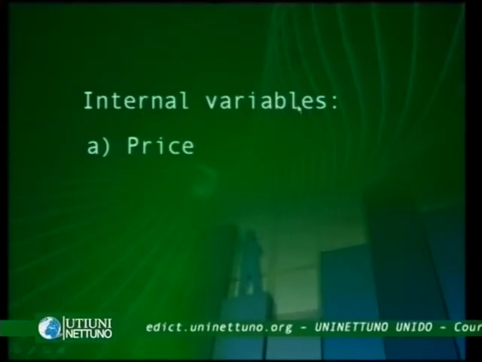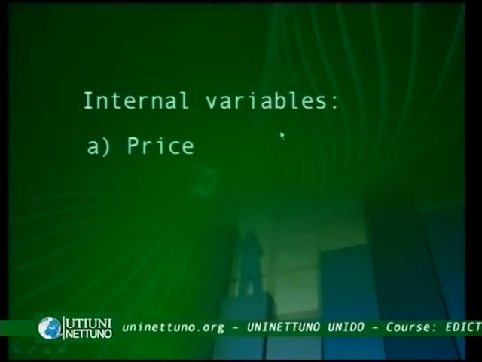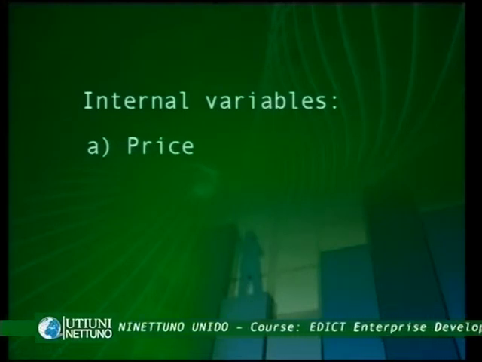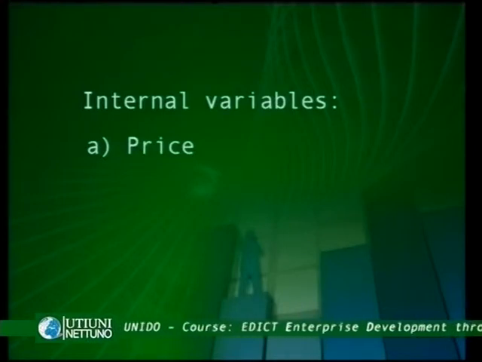So instead of actors and conditions, we might refer to internal variables, since we have different items on which the organization is deciding. Price is a very important decision. The price of our products and services is crucial for competing with other companies in the same industry or in the same segment.